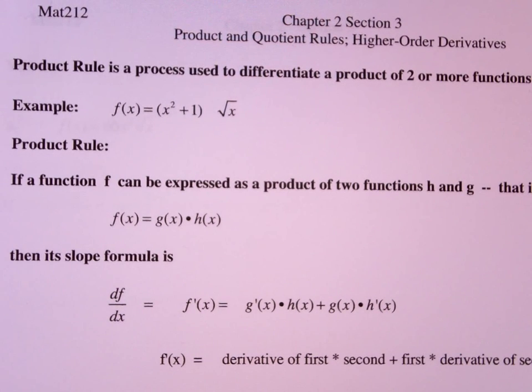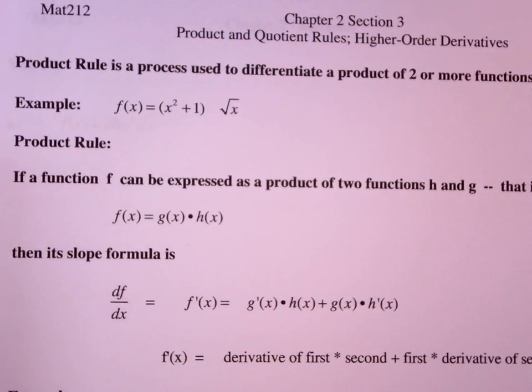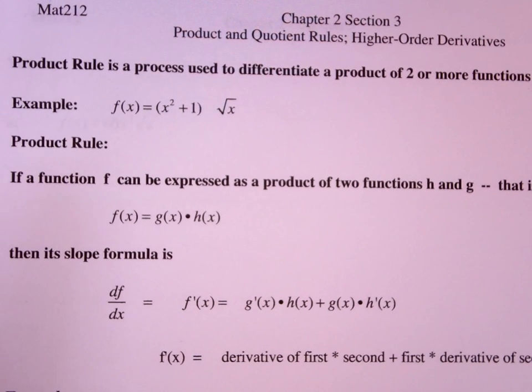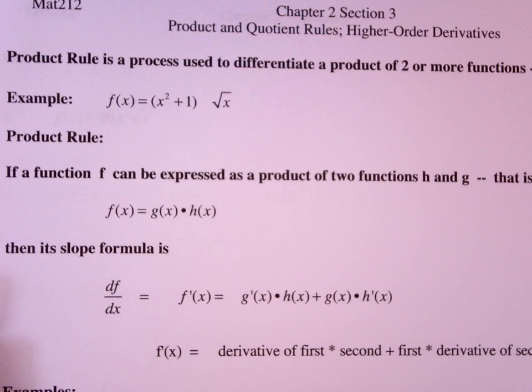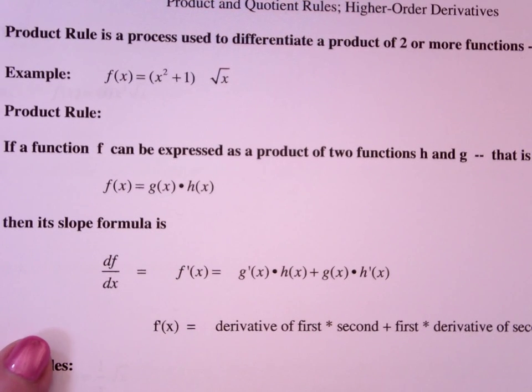Many times you can't do that. Most of the time you can't do that. So therefore you have to have a set of rules that would allow you to take the derivative of two functions or more multiplied together, and this is essentially the formula for the product rule.